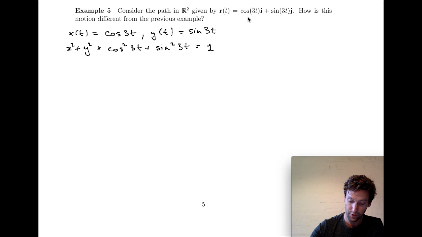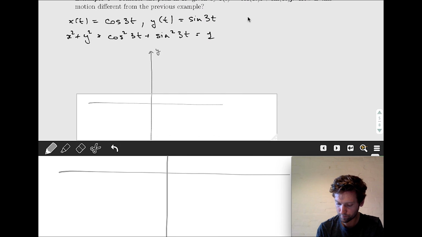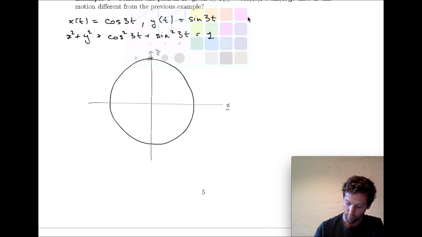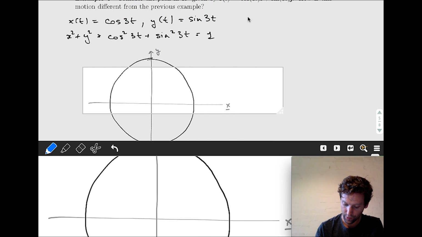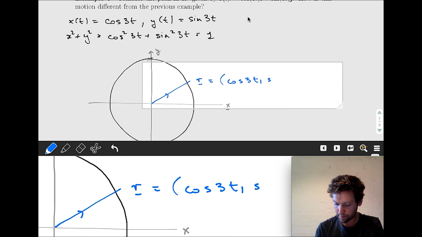So that hasn't changed. This is still a radius 1 circle, where the position vector is given by cosine of 3t, sine of 3t.